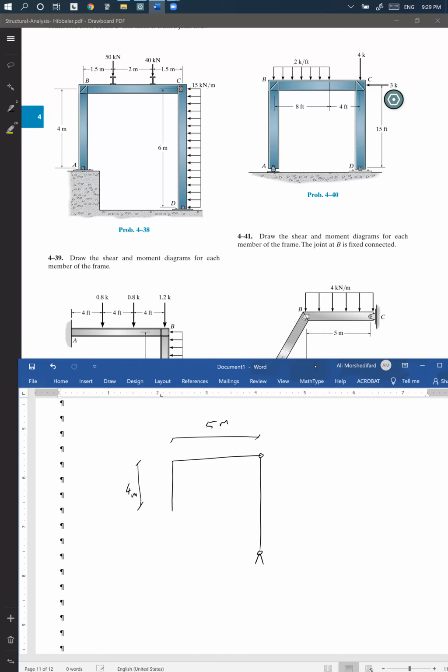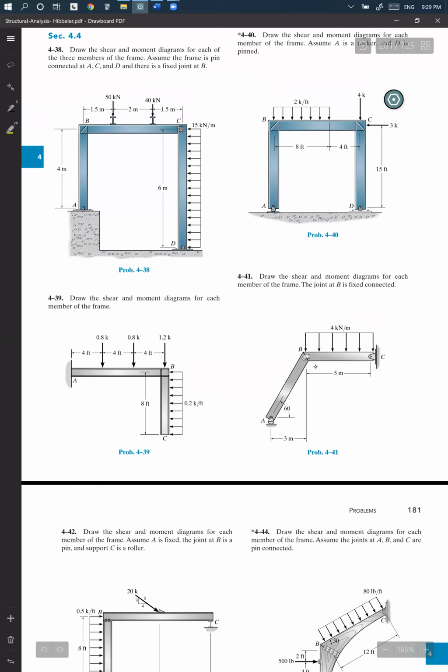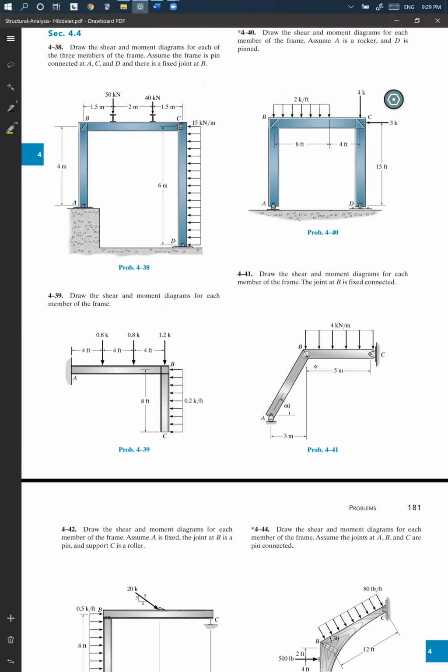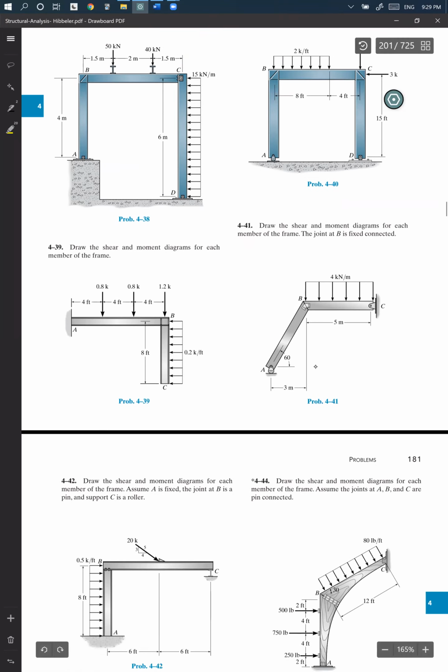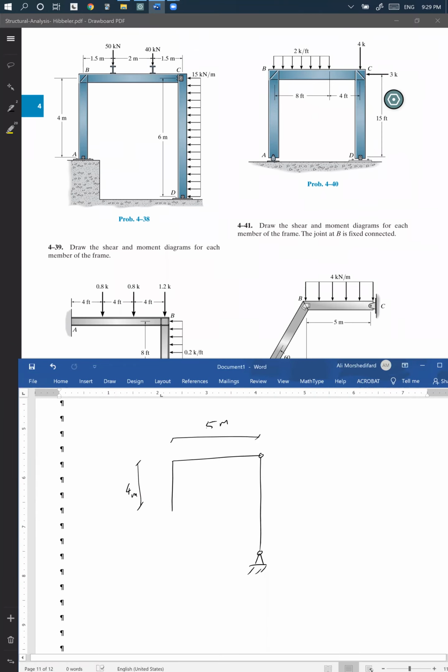So yeah, you see, it said A is also pin connected, right? A, C, and D are pinned, and it is fixed at B. So A is also pin connected. Okay, this is a good question.